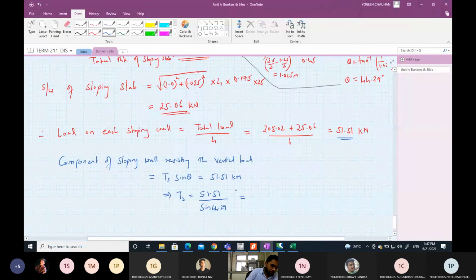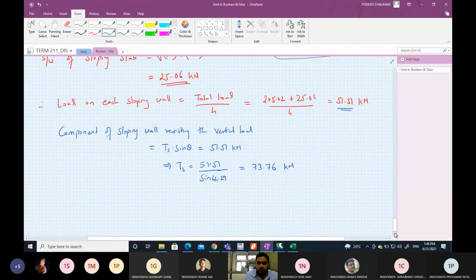So you will get 51.51 divided by sin 44.29, that is 73.76 kilonewton, which is the tension in the sloping wall.